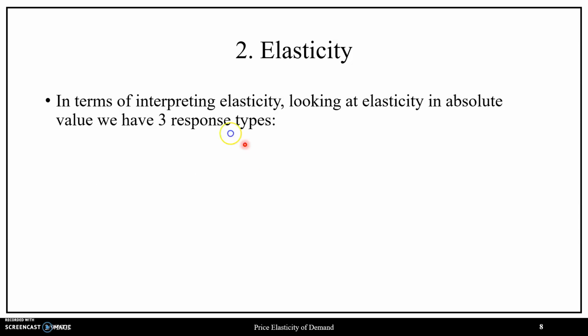So then, in terms of elasticity as well, we're going to report this in absolute value, and there will be three response types to consider.